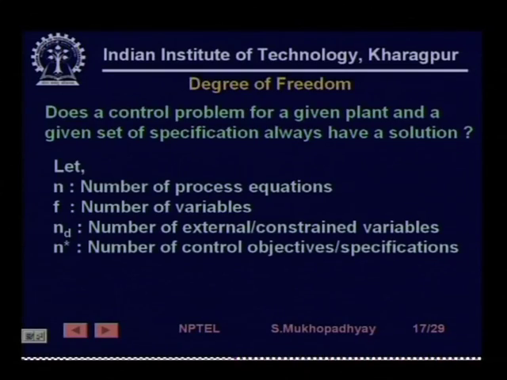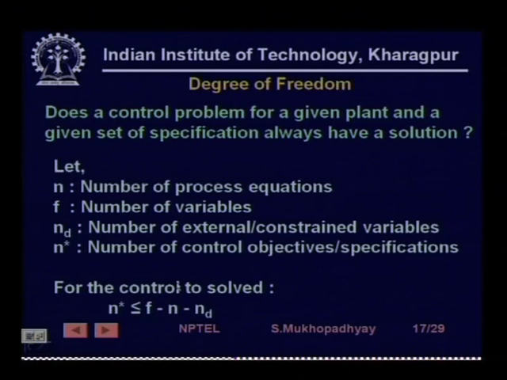And if n star is the number of control objectives or specifications, typically we are talking of steady state objectives, so something should be maintained at this value constant. This is one control objective. So if you have n star number of such objectives, then the degree of freedom is typically called f minus n minus nd. Basically, you have f number of variables, free variables.